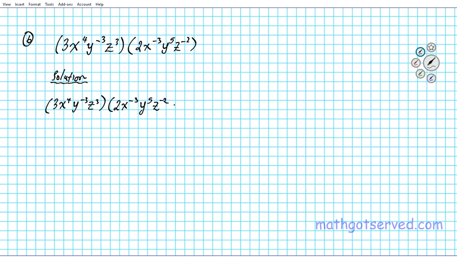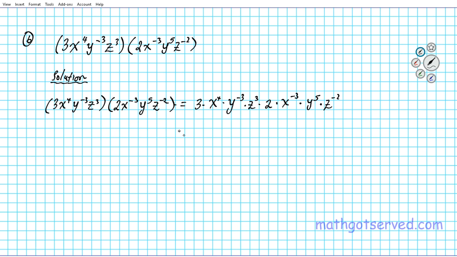So this basically becomes 3 times x to the fourth times y to the negative 3 times z to the third times 2 times x to the negative 3 times y to the fifth times z to the negative second power. Okay, so these are all factors.